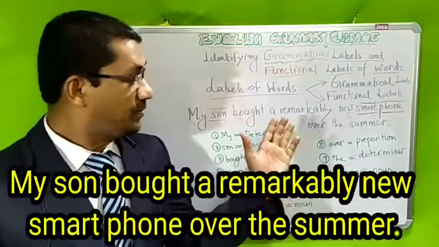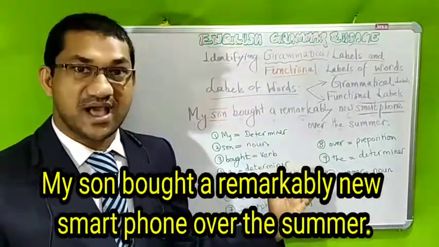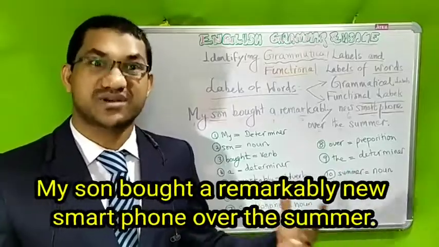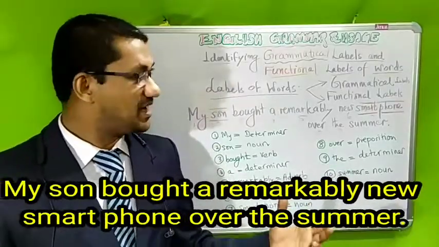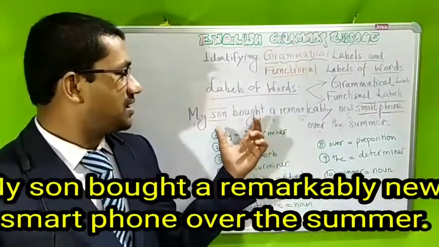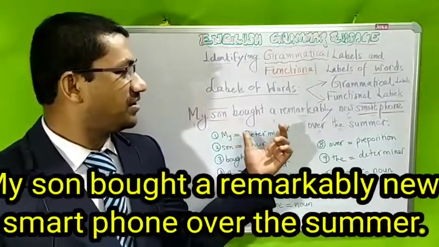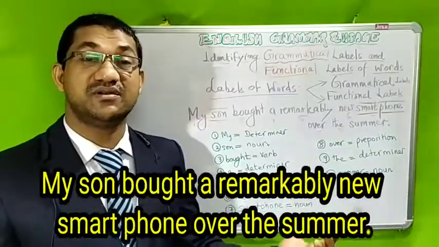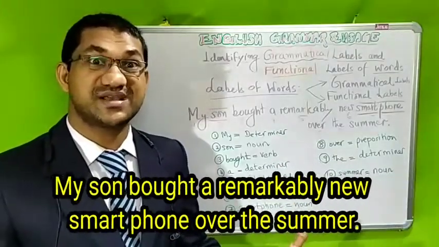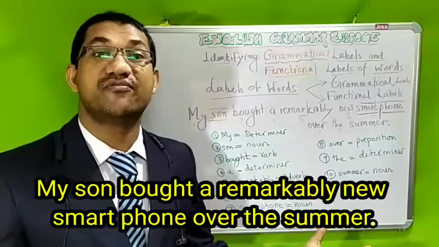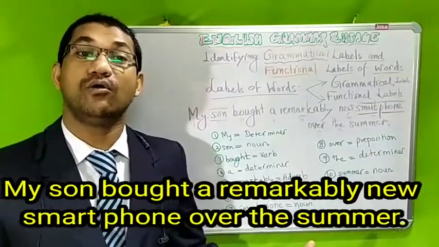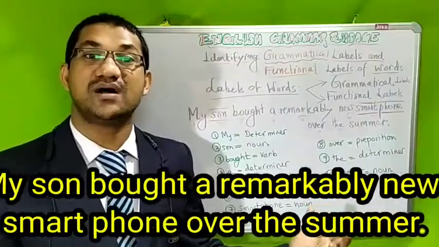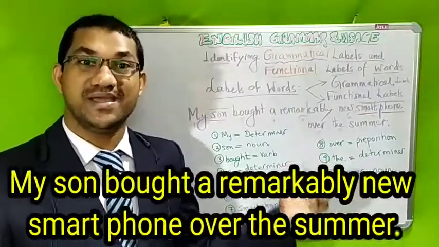Now these sentences can be further understood based on form and structure. We can see that this particular sentence, "my son bought a remarkably new smartphone over the summer", can be further divided into different sections based on the noun phrase. All the word class labels above are referred to as grammatical form labels.